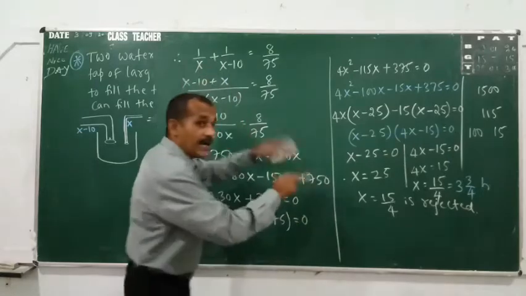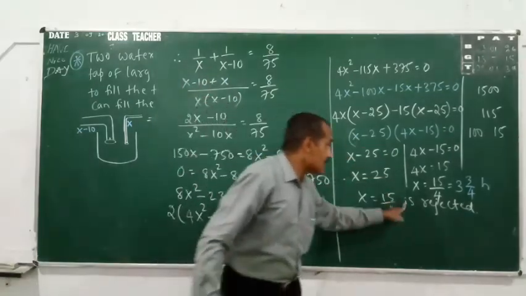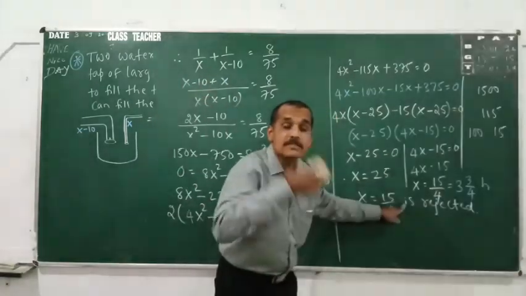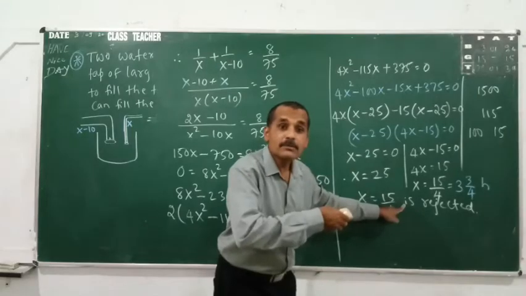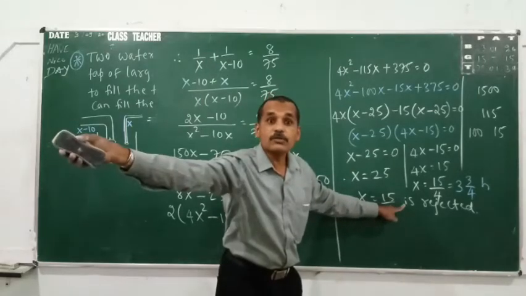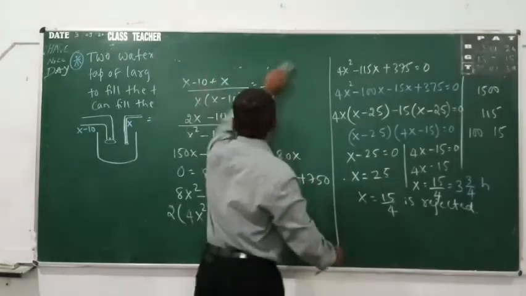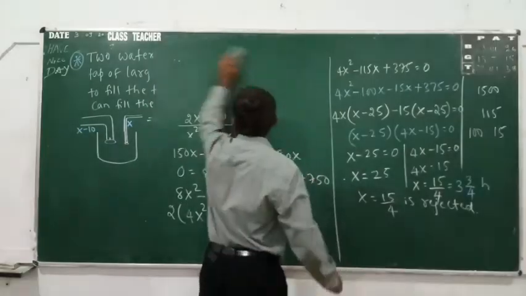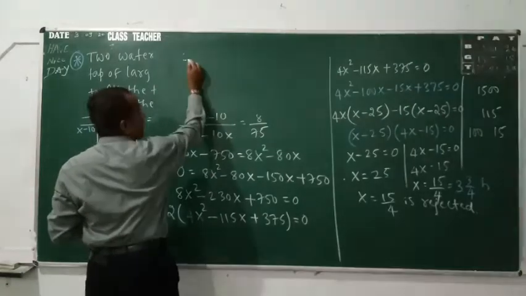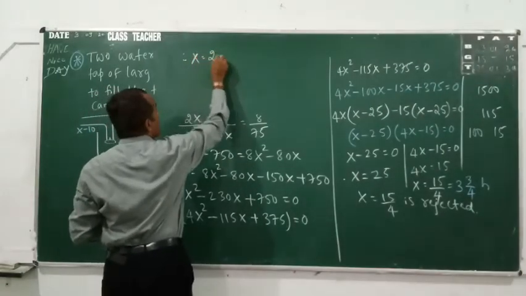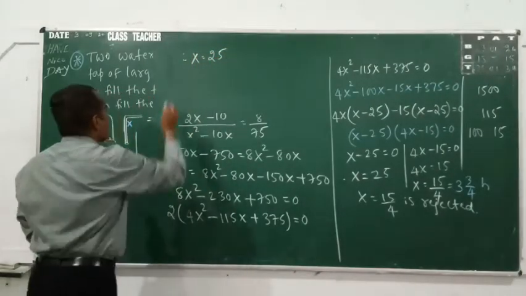Why rejected? Because if I take this as the time taken by the smaller tap, the answer for the bigger tap goes negative. So you don't need to write the reason here. You can say it is rejected. Therefore, x is equal to 25. What is x?